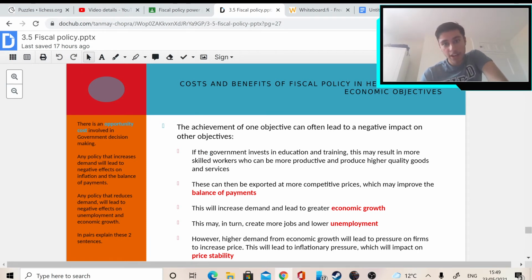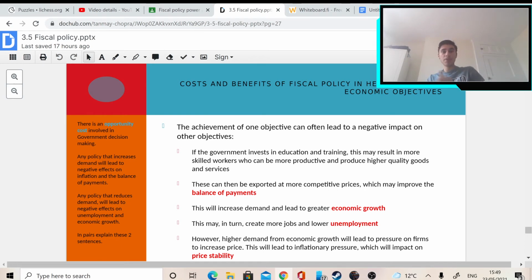Imagine the government invests in education and training. This may result in more skilled workers who can be more productive and produce higher quality goods and services. When they produce higher quality goods and services, they can be exported at a more competitive price. Exported means they can be sold to different countries at a more competitive price, which may improve the balance of payments.